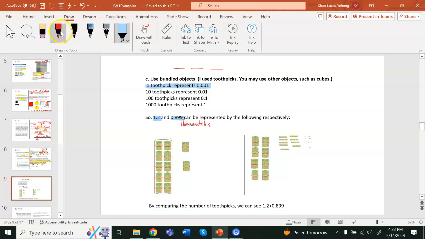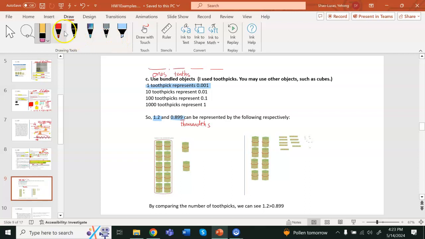If you have 1 here, in order to get the 1/10, you will have to divide by 10, which means you have to cut the toothpick into 10 equal parts, which is very difficult to do. And then you have to keep cutting. Cutting paper is already hard enough, and with objects it's impossible. So that's why we don't want to start from the largest place value.